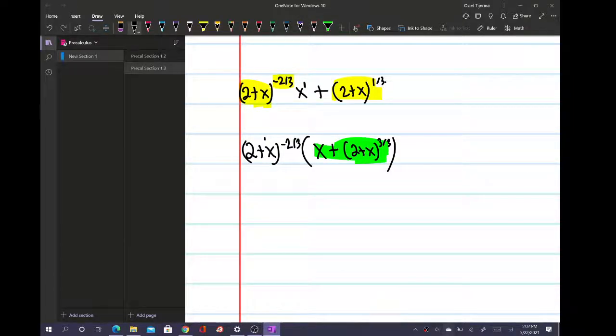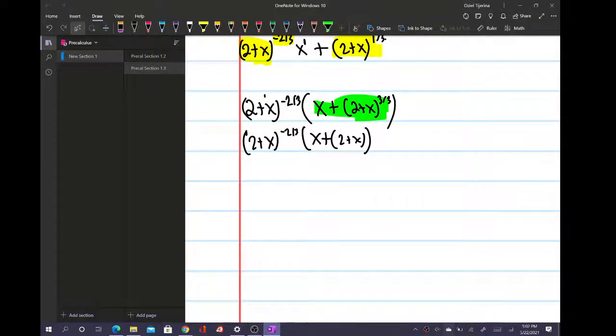We can simplify that. We can say that this is 2 plus x to the -2/3 times x plus, and then 2 plus x to the 3/3 is just 2 plus x, right? Now, think about it. This is to the first term, so really we don't need these parentheses here. We can say 2 plus x raised to the -2/3 times x plus 2, right?